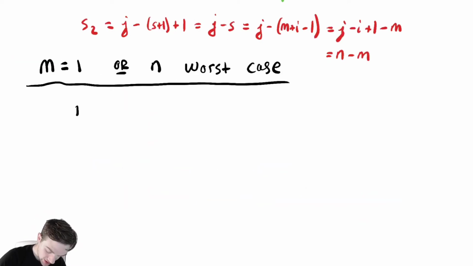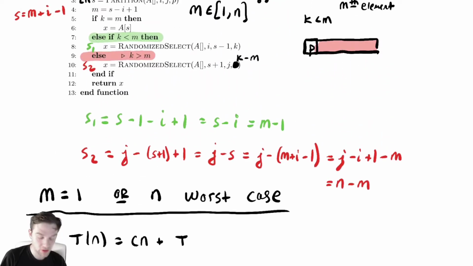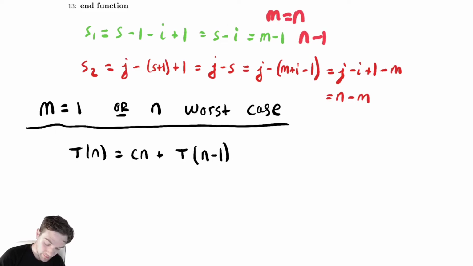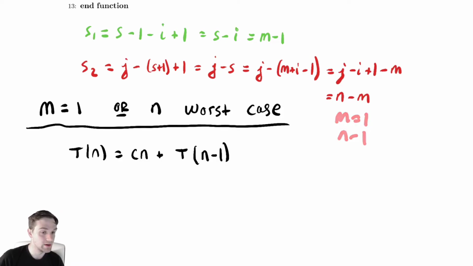Our recursion relation is T(n) equals cn plus T of... Depending on which one we choose, we will either be sorting the last n-1 elements or the first n-1 elements, but it will for sure be of size m-1. To verify that quickly, if we plugged in m equals n here, we would get n-1. And if we plugged in m equals 1 here, we would get 0.